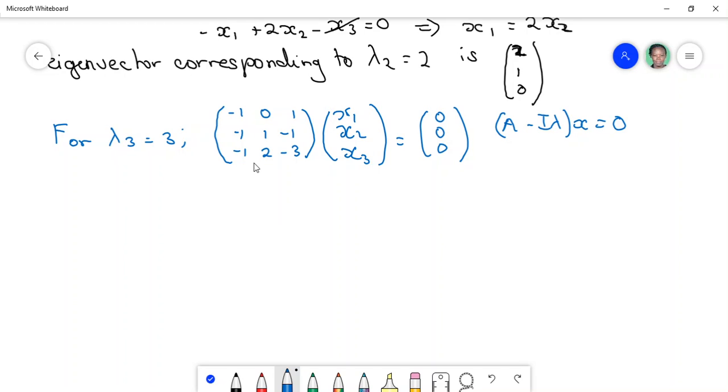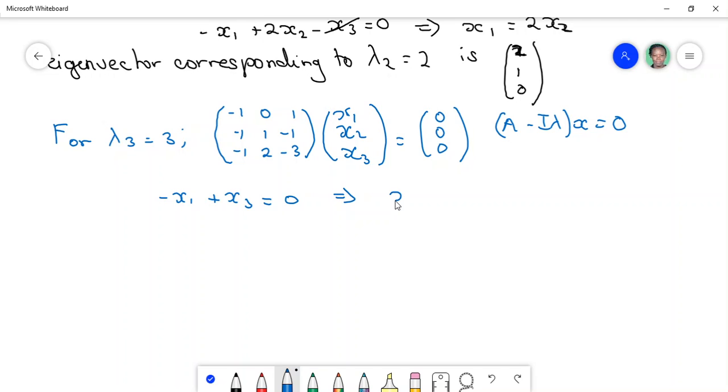If I multiply my first row with the column vector, I have minus x1, this times that is 0, plus x3 to be equal to 0.